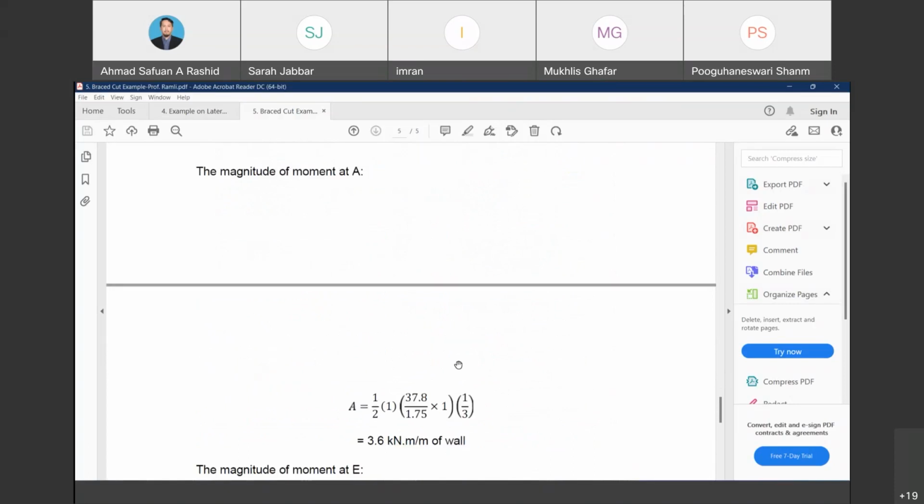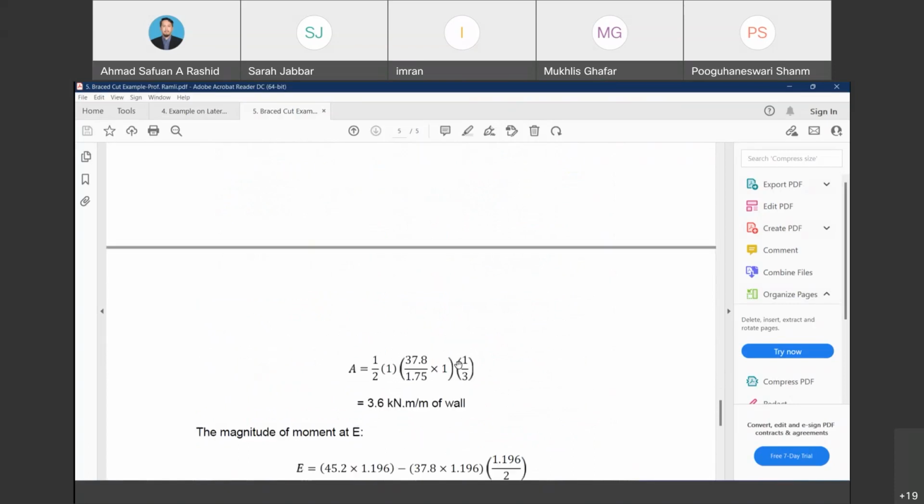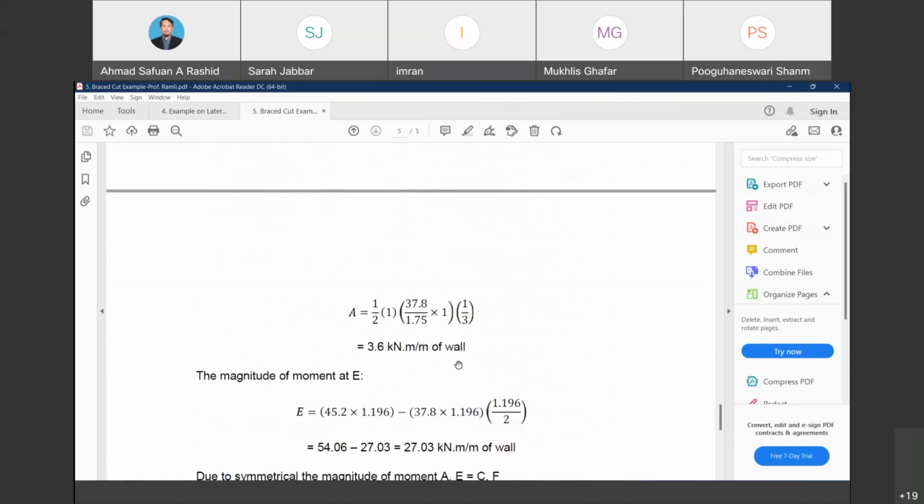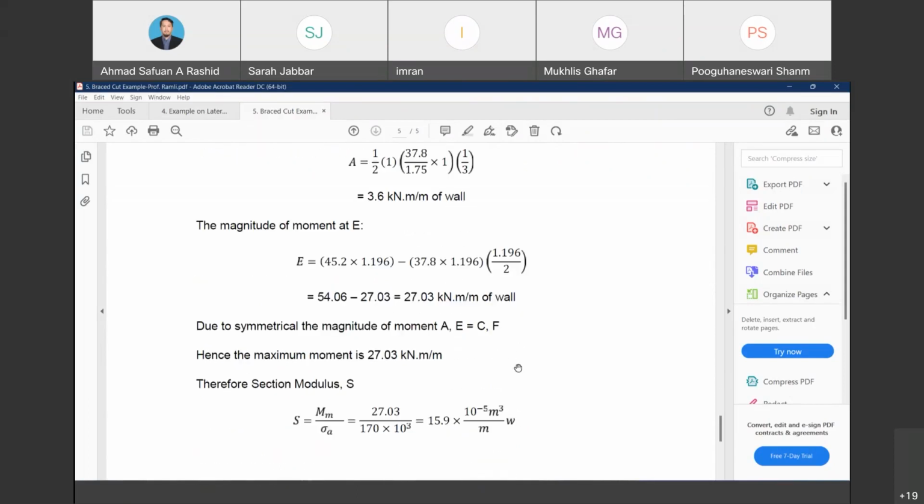So the magnitude of moment at A is equal to 3.6, and the value for E is equal to 27.03. Due to the symmetry, E is equal to C. So here the maximum moment is 27.03.